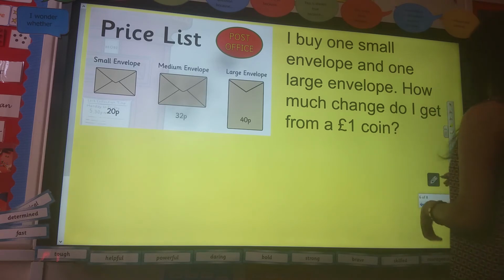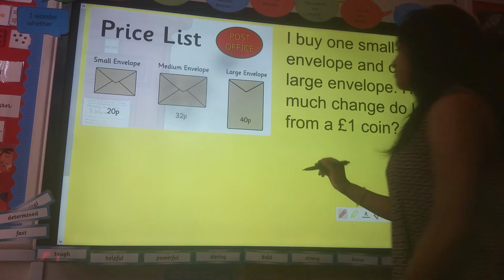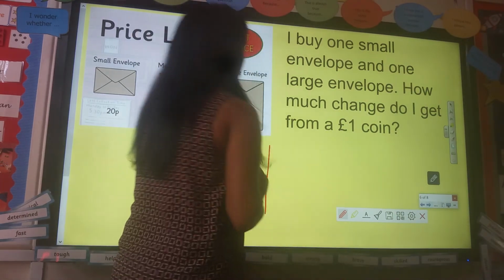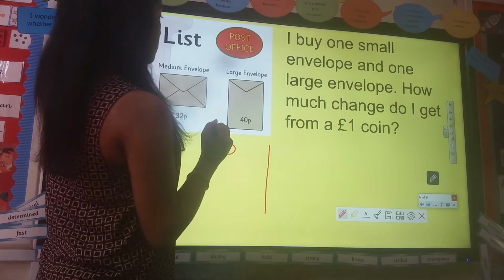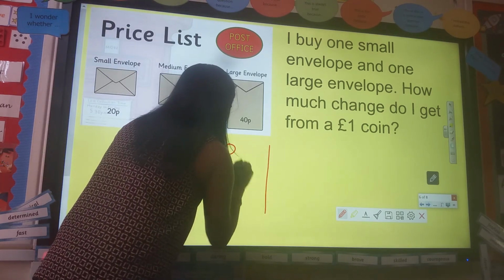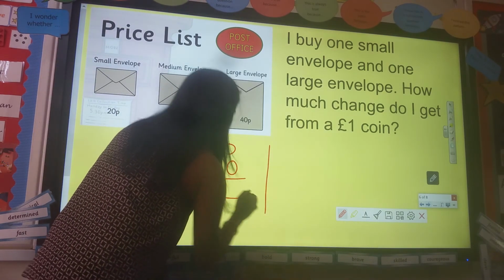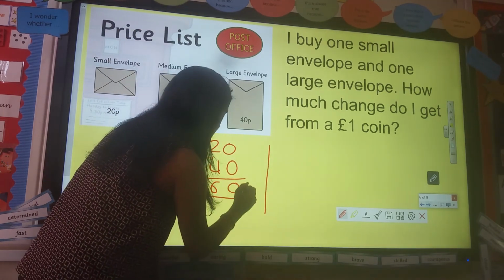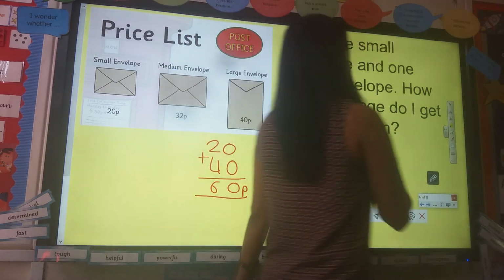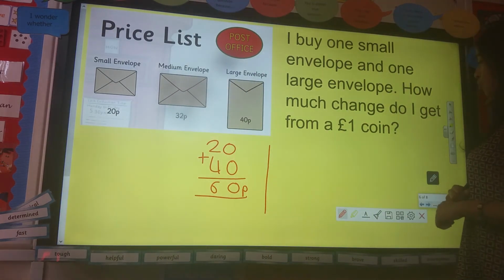Off you go. Are we ready? Let's have a look. So a small envelope is 20p and a large envelope is 40p. So I know that 20 plus 40, so 0 plus 0 is 0, 2 plus 4 is 6, so that's 60p. How much change do I get from a £1 coin?